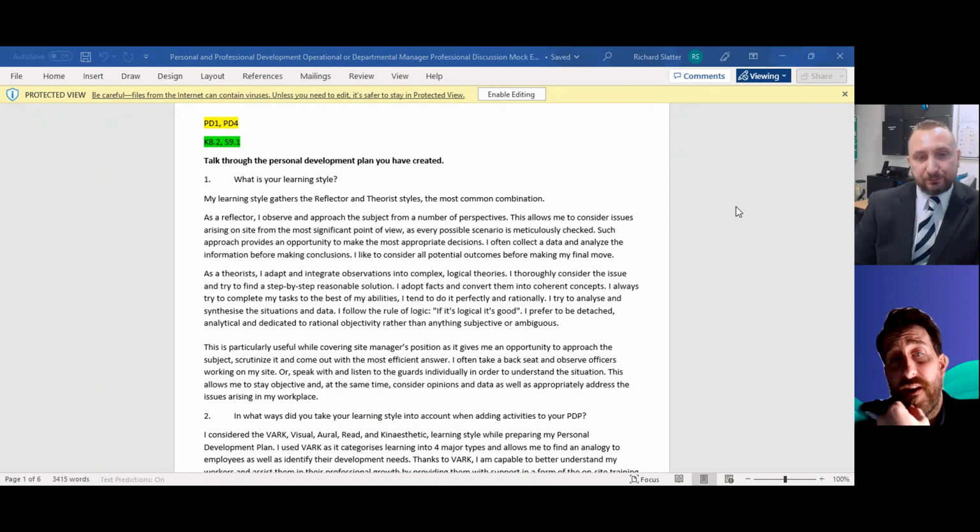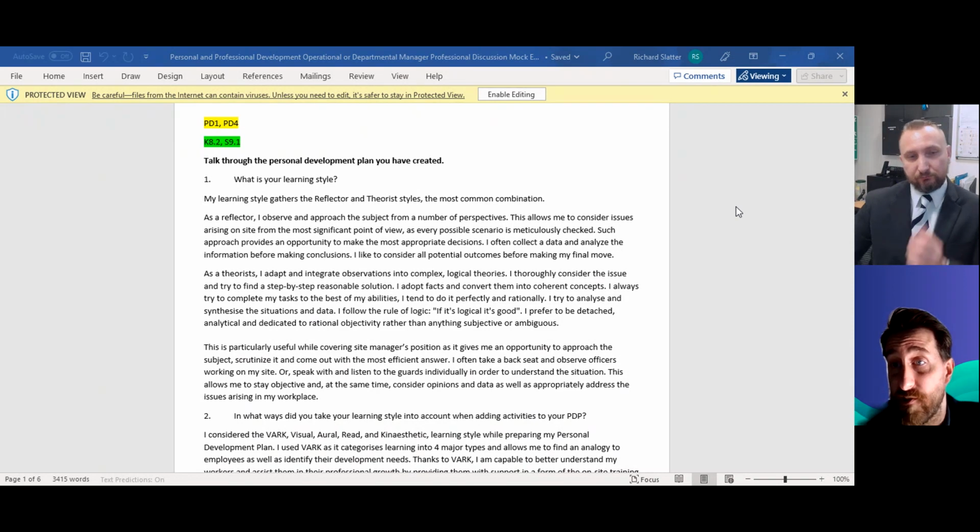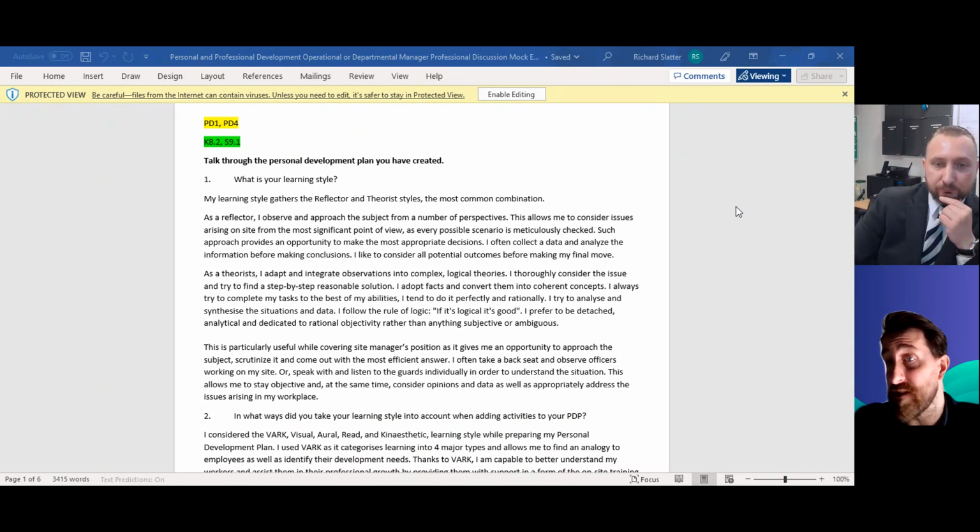So from a training perspective, for example, whether you do toolbox talks, whether it's weekly or monthly training, how you deliver that training, you can now think about your approach and how you might adopt different approaches to different people. It might be the same training, but you might deliver it differently to one person than you do to another based on their learning styles.